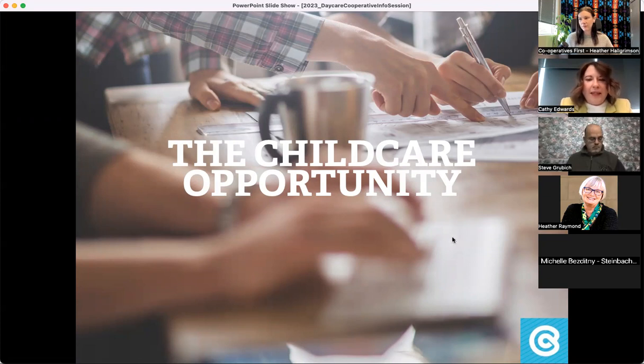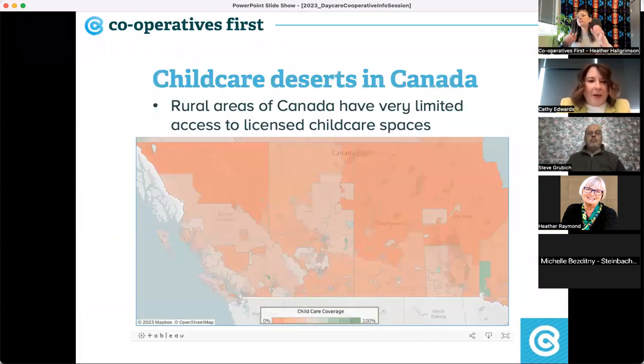So the childcare issue in Canada is primarily a lack of care in a lot of rural locations. This table was compiled by the Canadian Centre for Policy Alternatives, highlighting where there is a lack of access to care. A desert under this map is defined as anywhere that there's a lack of adequate access to care, irrespective of fees.